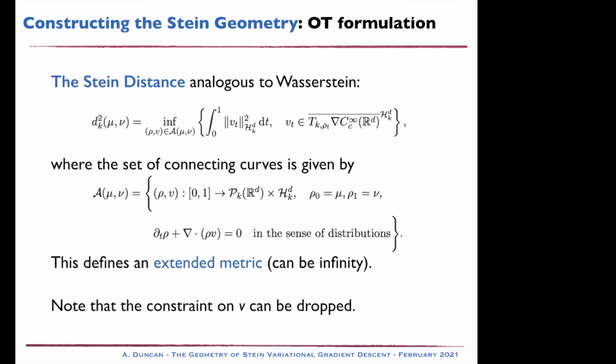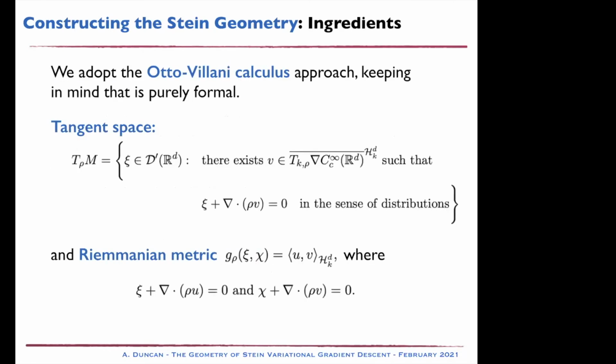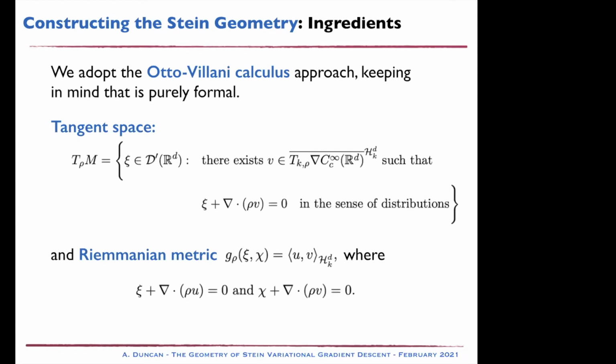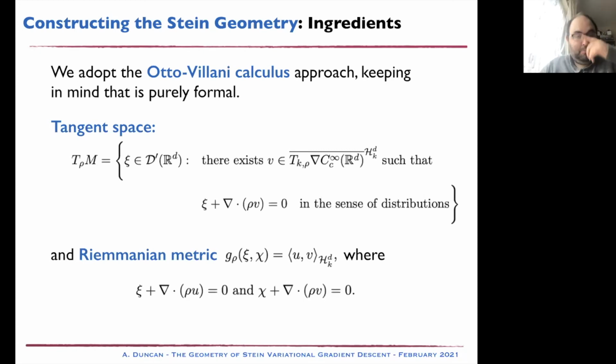Then a question, Andrew. Please. Usually I think of a Riemannian metric, I mean, a Riemannian manifold, as a finite dimensional thing. But the RKHS in principle could be infinite dimensional. Yes, it could.